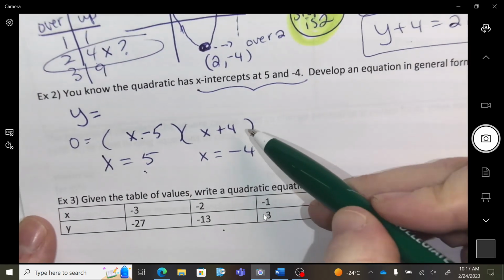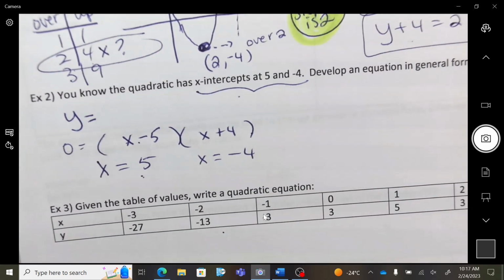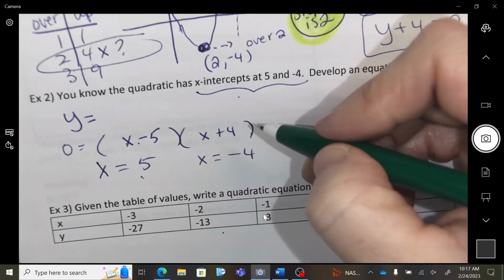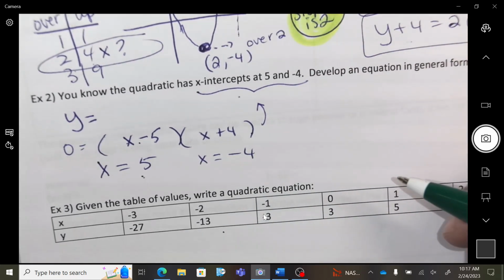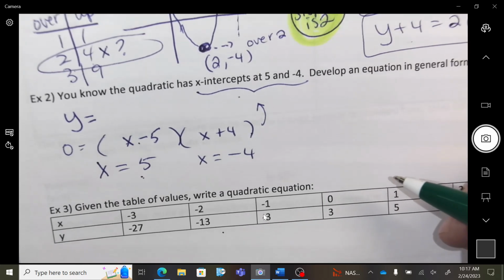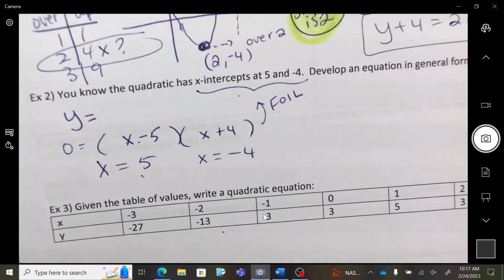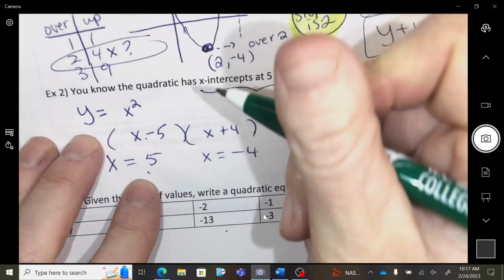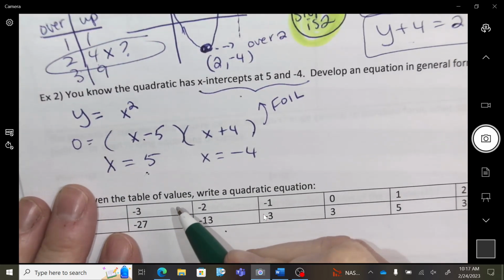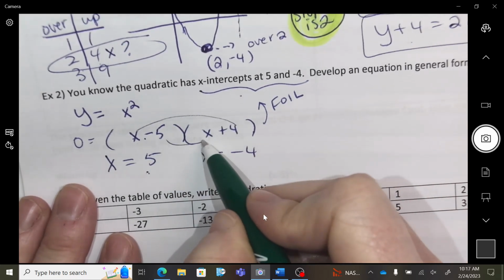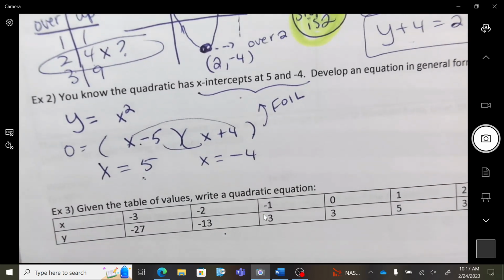Then, how do I get from here to where I started? Do you remember how to do that? The other math F word. Foil it. Okay, so it should end up with x squared. I'm going to put those outsides and insides together when I foil.